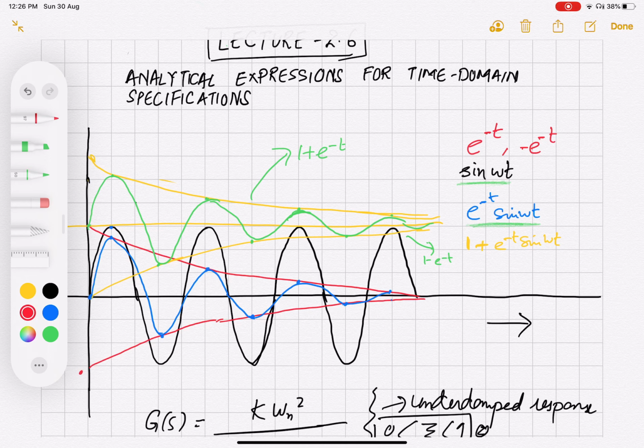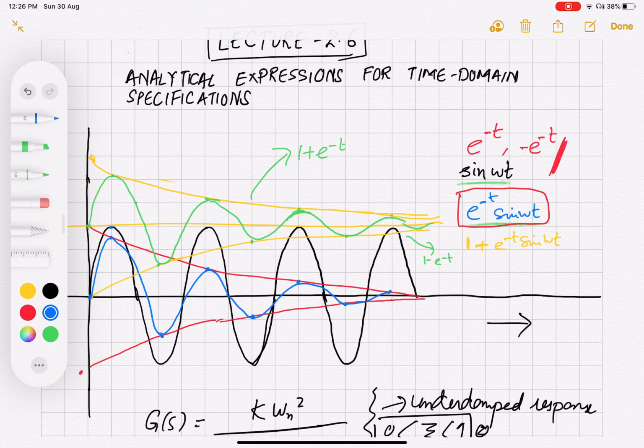Now when you multiply e to the power minus t and sine omega t, you get e to the power minus t sine omega t, and I have sketched it using blue.